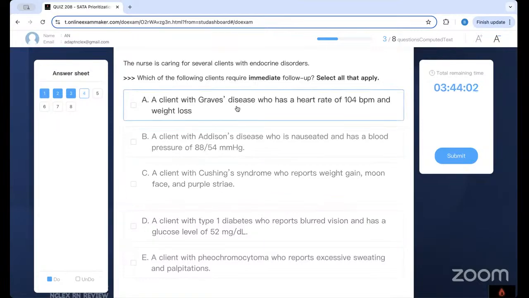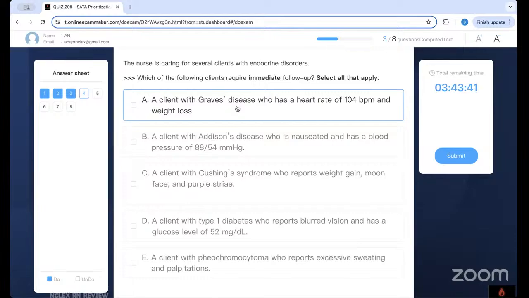Graves disease, heart rate of 104. It's not the same thing we saw with the heart rate of 120. 104 is okay. And he has weight loss. That's fine. Addison disease is nauseated and is hypotensive. That's Addisonian crisis, right? That's a bad problem.